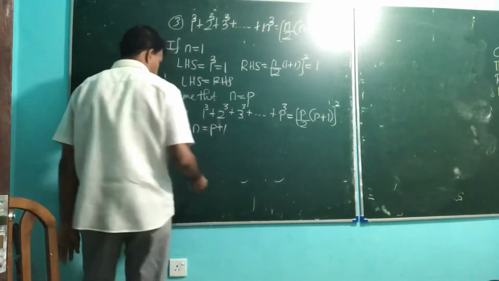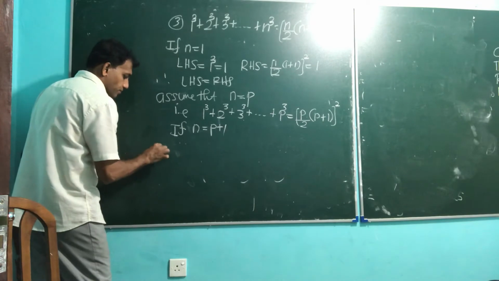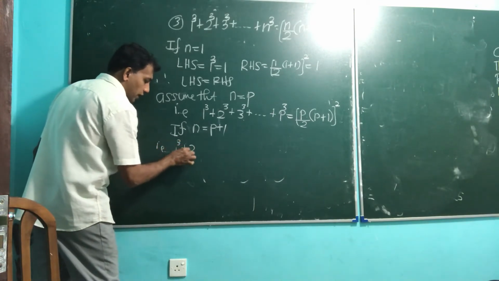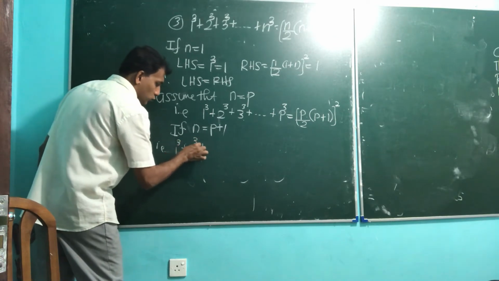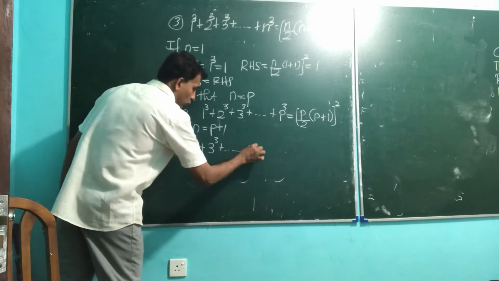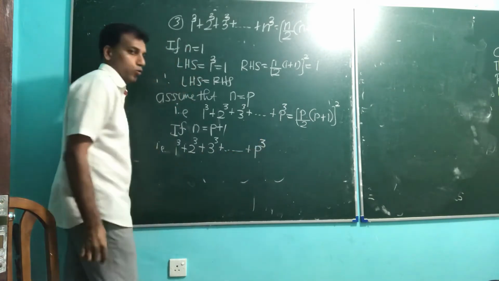So what is that? That is 1 cube plus 2 cube plus 3 cube up to that p cube.